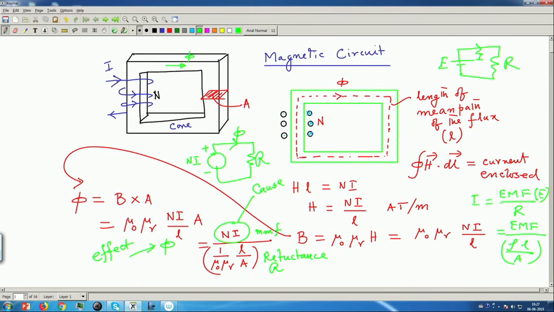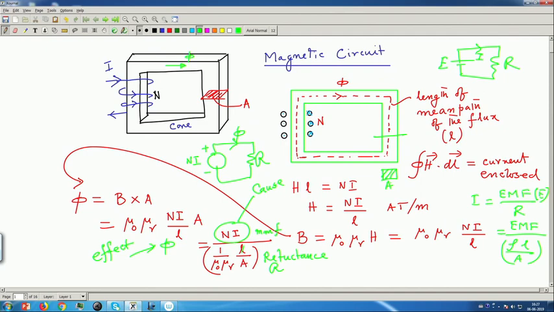So, if MMF is known, I will first calculate the reluctance. Reluctance of the magnetic circuit path depends upon its geometry: what is the length, what is the cross sectional area. Cross sectional area is this one. Then you calculate H as N i by L and multiply it with mu 0 mu r to get B, then multiply with A and get the flux.